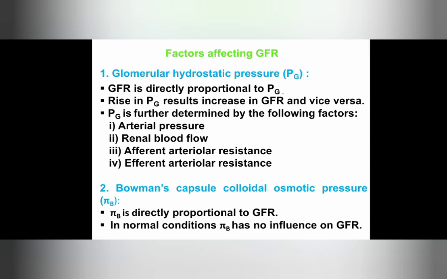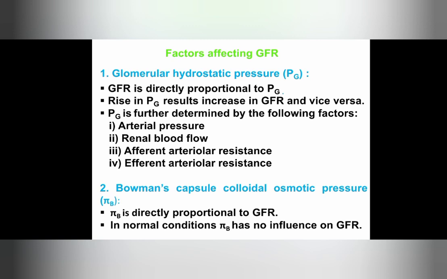Now, how will arterial pressure or blood pressure relate? A fall in the arterial pressure below 60 mmHg or a rise above 180 mmHg directly affects the glomerular filtration rate. An increase in renal blood flow tends to raise the GFR by increasing the glomerular hydrostatic pressure, and vice versa.